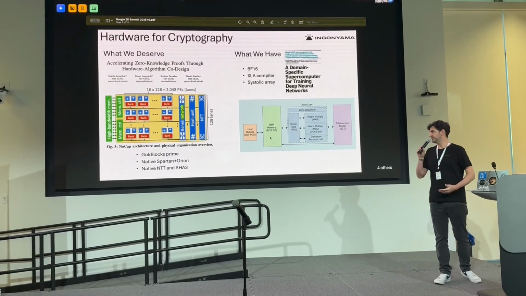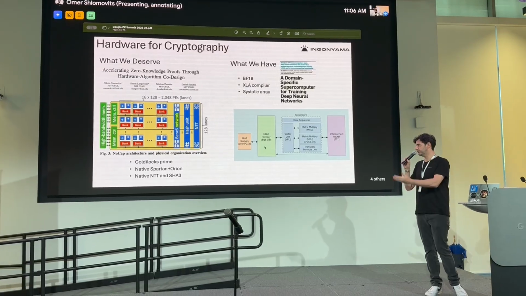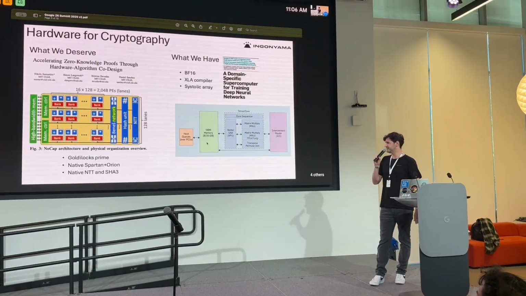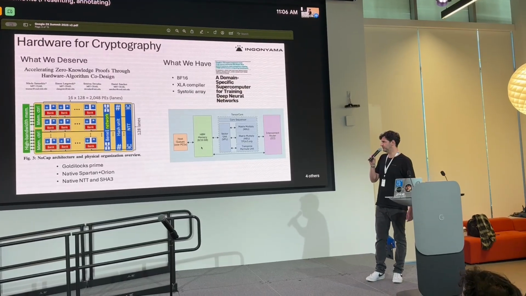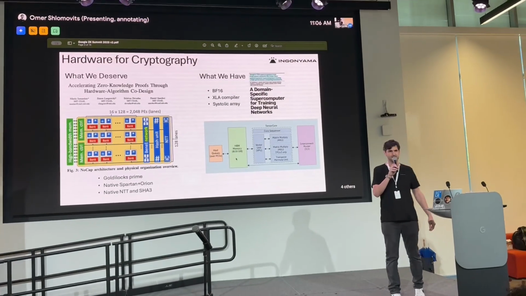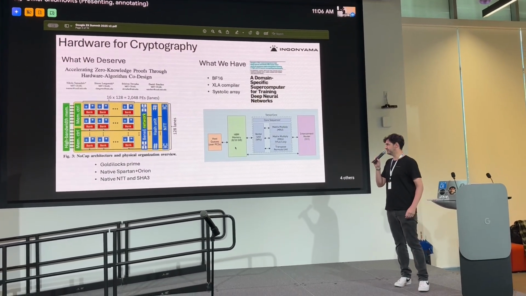And that's amazing, right? Think about it. It's a whole architecture for Goldilocks field, supports ZK, state-of-the-art protocols like Spartan and Orion natively, has building blocks for primitives that are compute intensive, like circuits and NTTs.